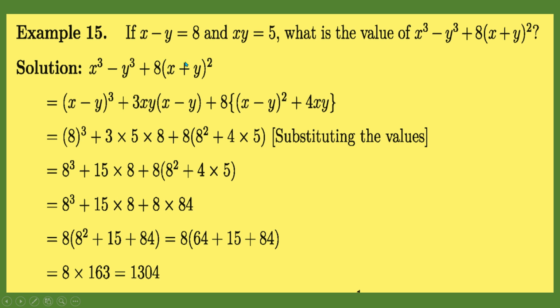Just putting the value of x - y and xy, as a result here will be 8^3 + 15 into 8 + 8 into (8^2 + 4 into 5), and here will be 8^3 + 15 into 8 + 8 into 84. We can take 8 common: 8(8^2 + 15 + 84), and finally this equals 8 into 163, which equals 1304. This is the required answer.